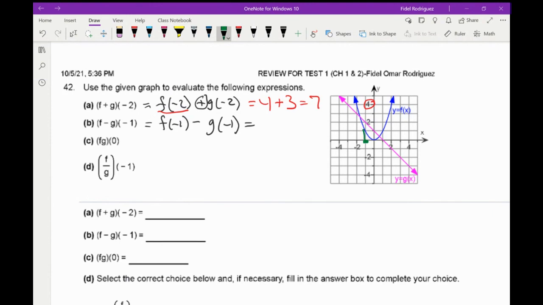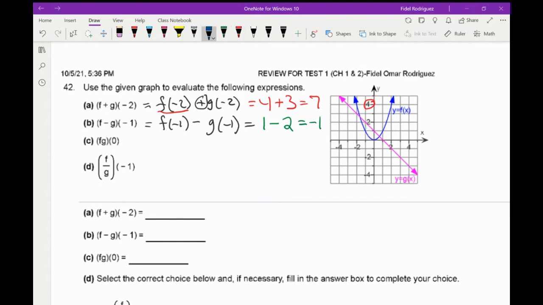If I go up, I only have to go up 1 spot. Then I'm going to put a minus because there is a minus there. Okay. I'm going to come back to negative 1. Now I'm going to go to the g. How many spaces do I got to move up? 2 spots. So 1 minus 2 is negative 1. Okay.